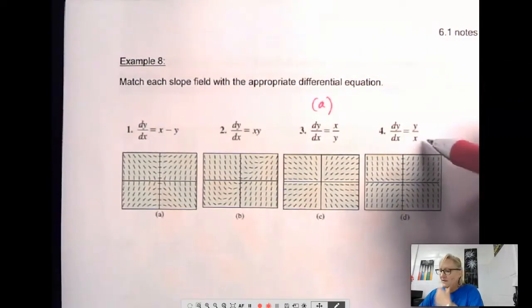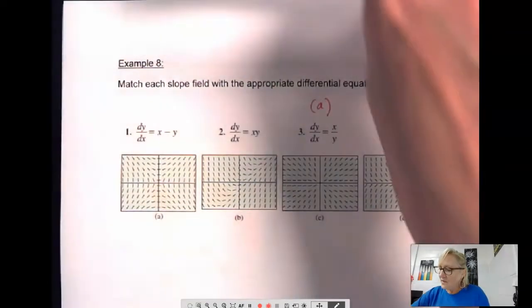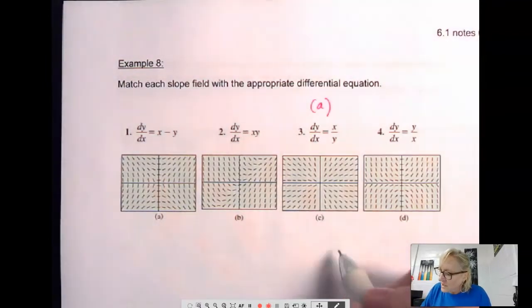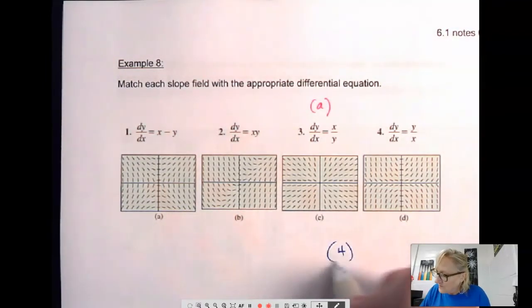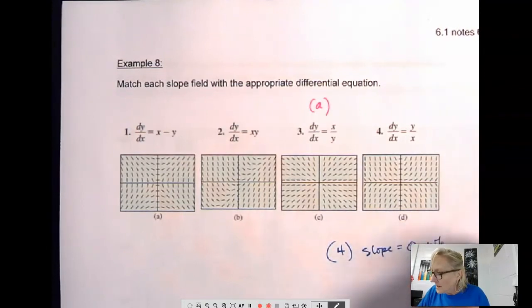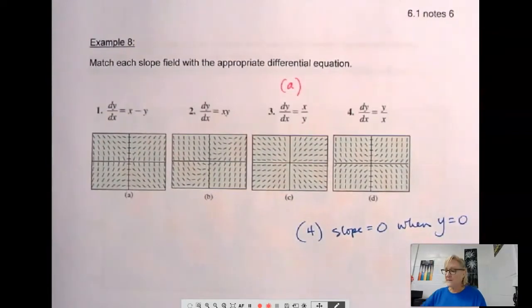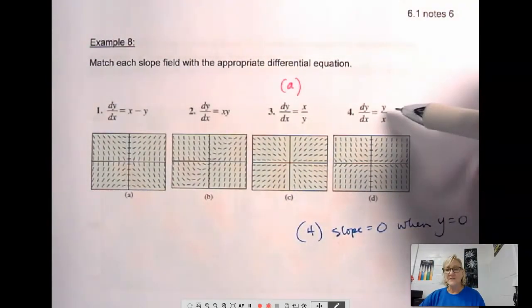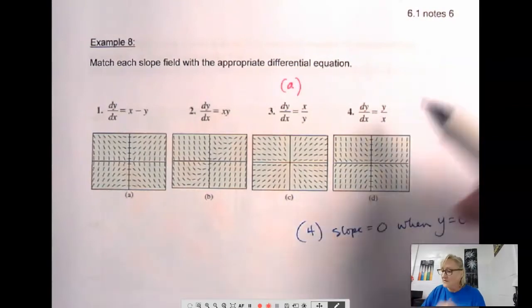And this has kind of the opposite of what was going on here. So for number 4, I would say it has a slope of 0 when y is 0. And that's because y is in the numerator, and a fraction is 0 when the numerator is 0. Okay, so where's the line y equals 0?